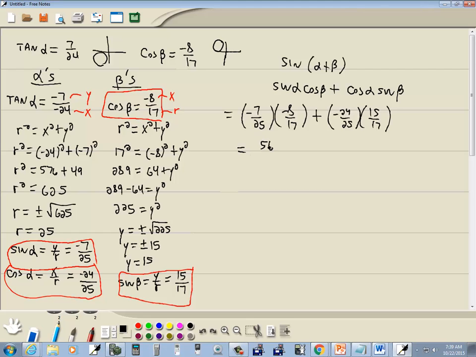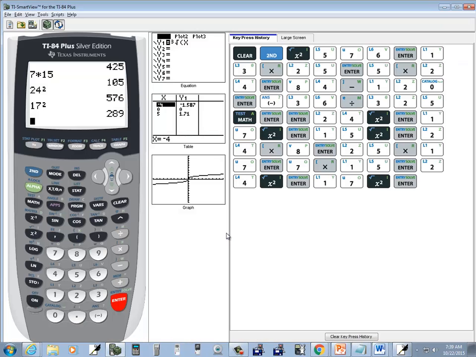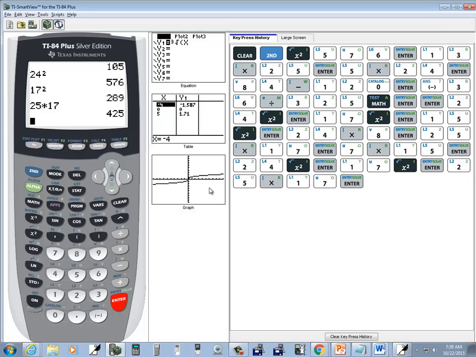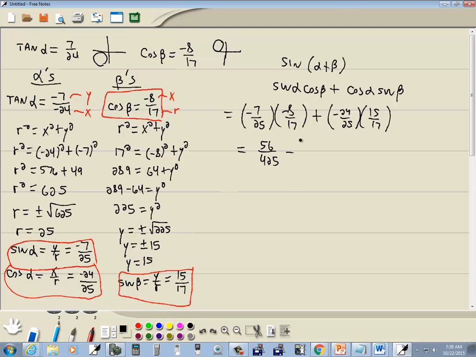It gives us 56 over 425 minus 24 times 15 gives us 360 over 425.